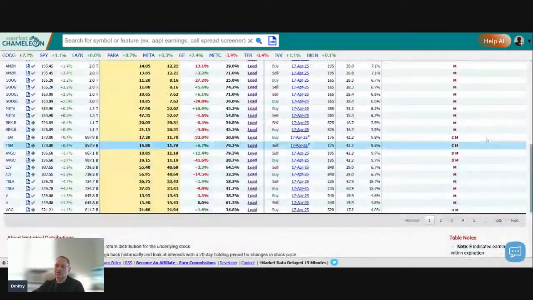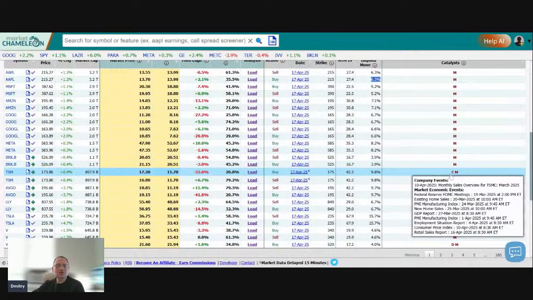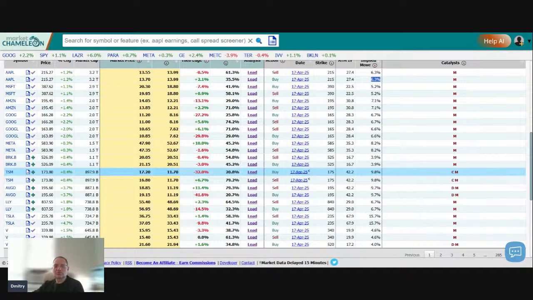So, for example, if we slide down here in TSM, that C represents a company event. So this is specific to TSMC. You could see that they have monthly sales coming out on April 10th. Well, April 10th is before this April 17th expiration.